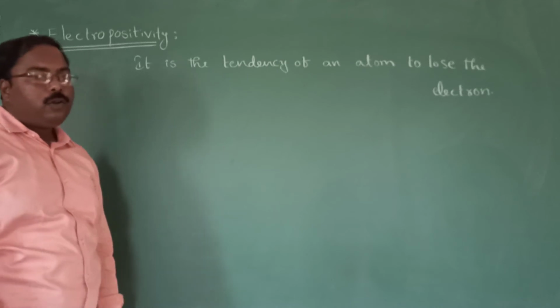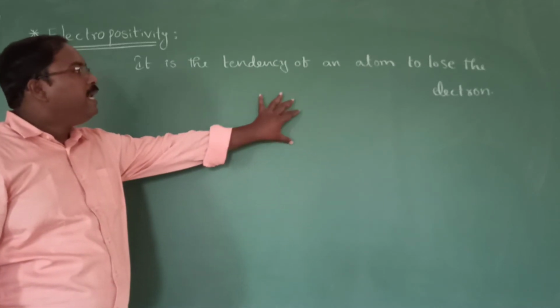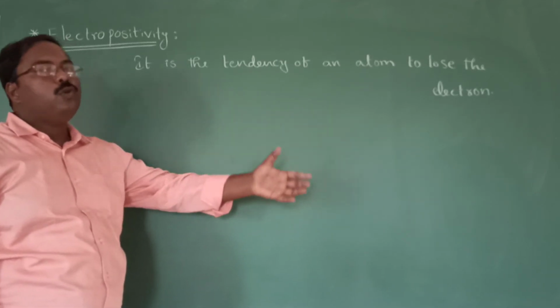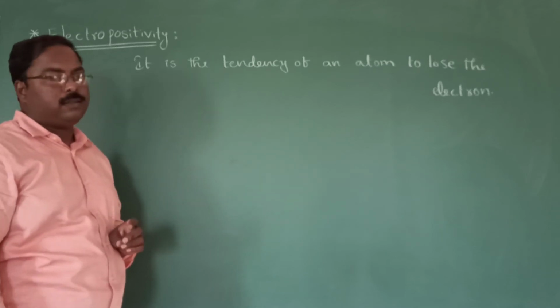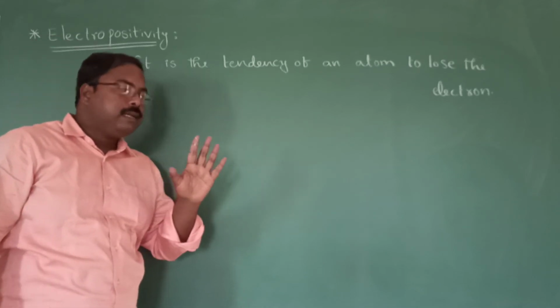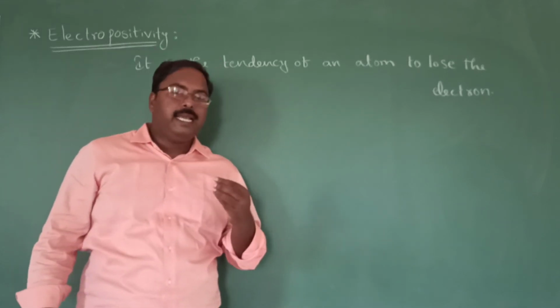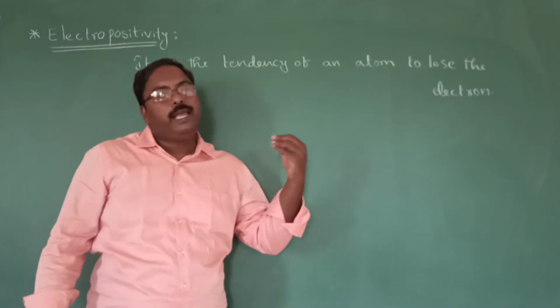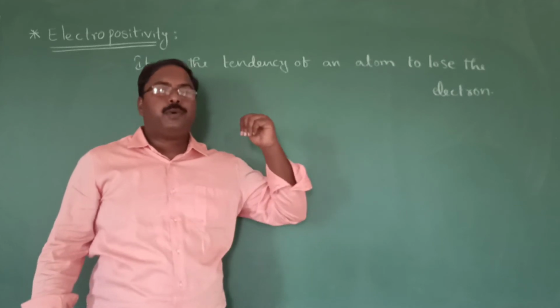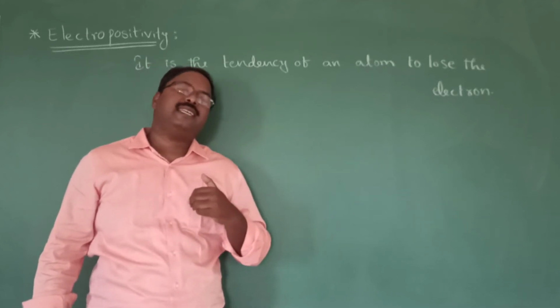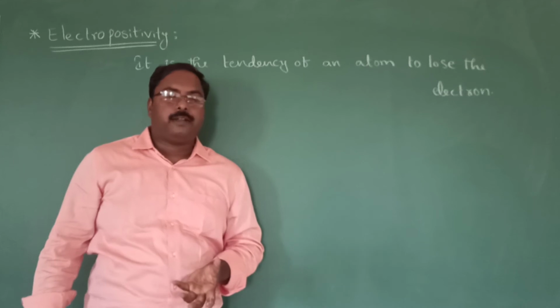Okay, electropositivity is the tendency of an atom to lose the electron. So it is not a measurable value, because when energy is released or gained we can measure it, but it is not the energy, it is just the tendency of an atom.